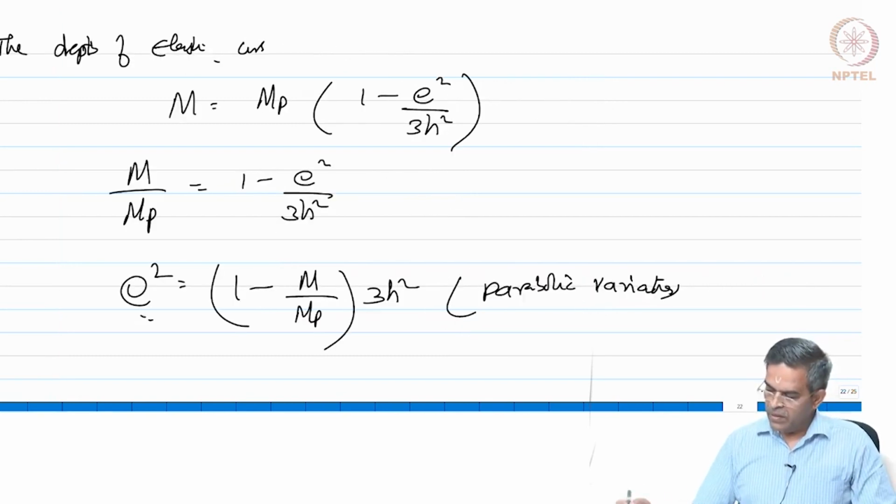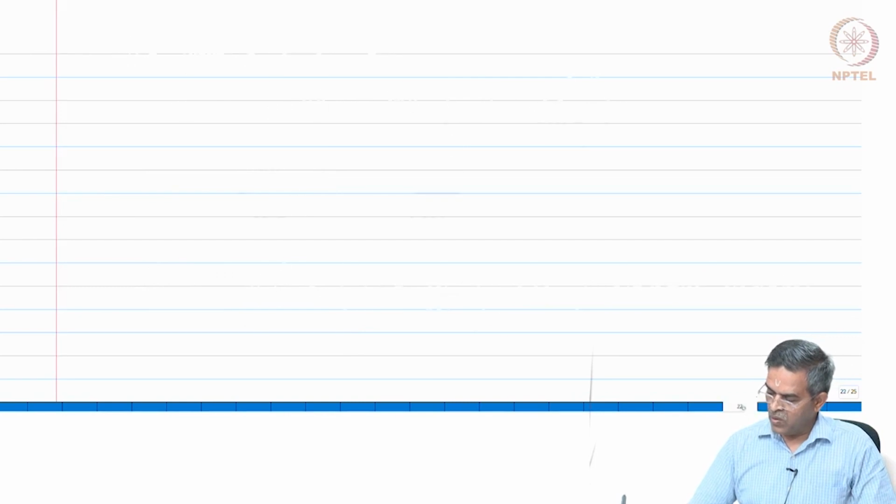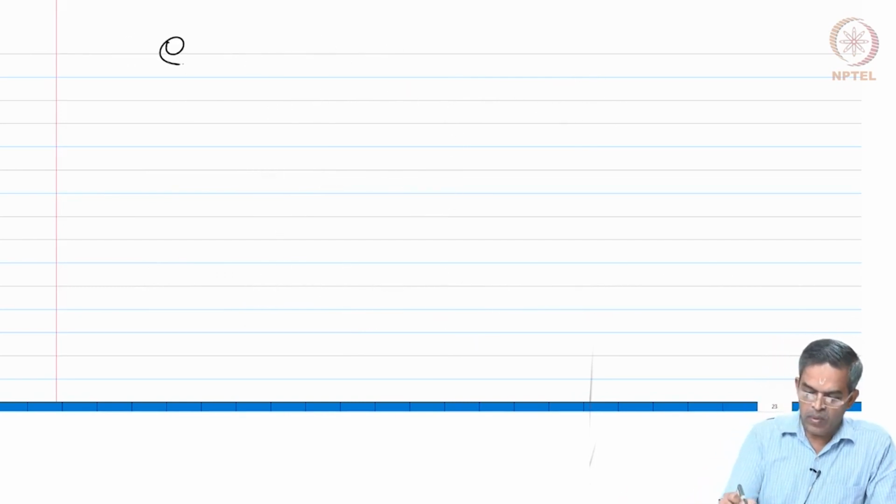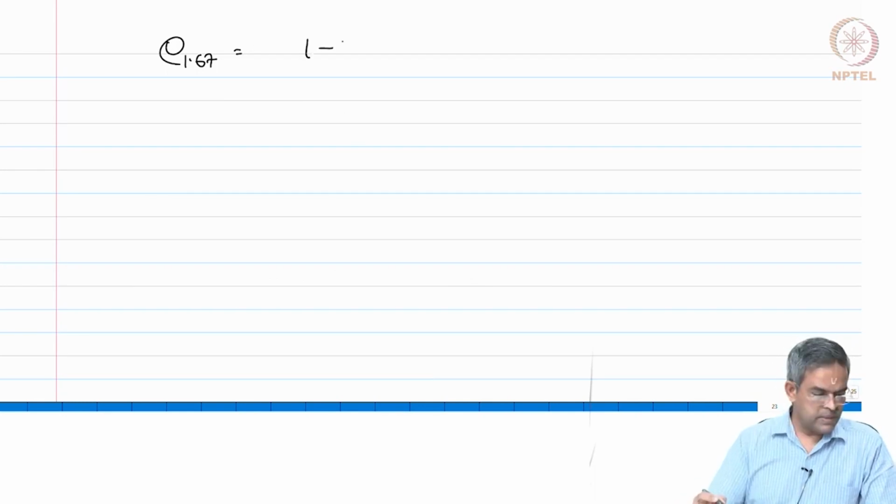So, can you now find what is the depth of elastic core at 1.67? How do you do that? It is 1 minus M at 1.67 by Mp into 3h square. h is the depth of the section.